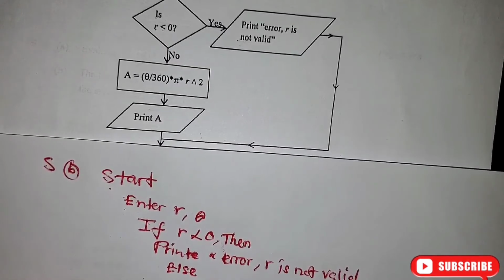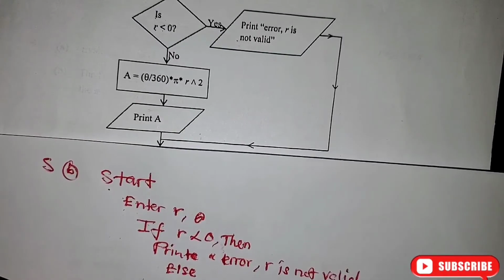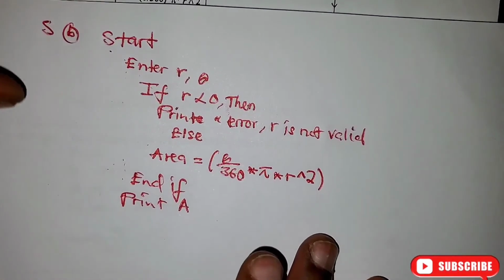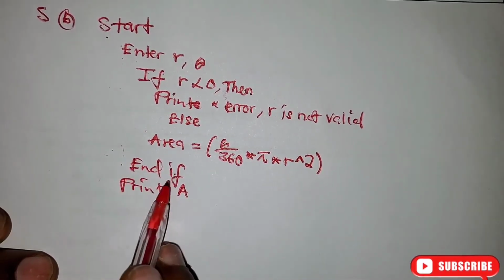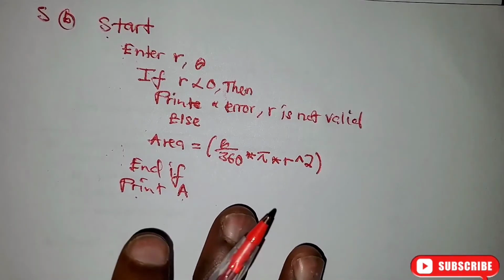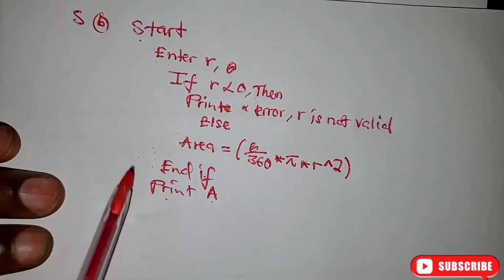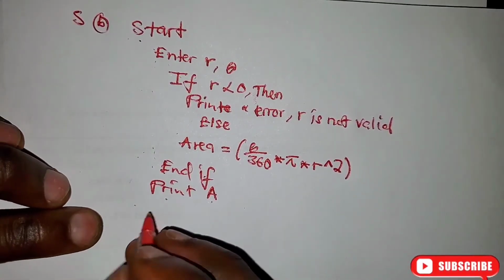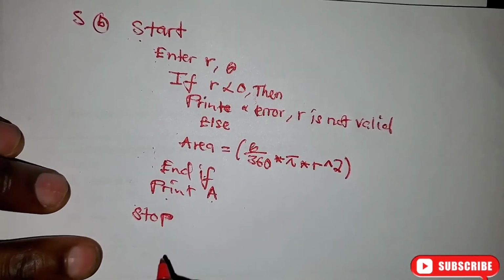Then you write print area, which is print A. The last statement here is the stop. Where you started, in the same line, you can just write stop. That's all.